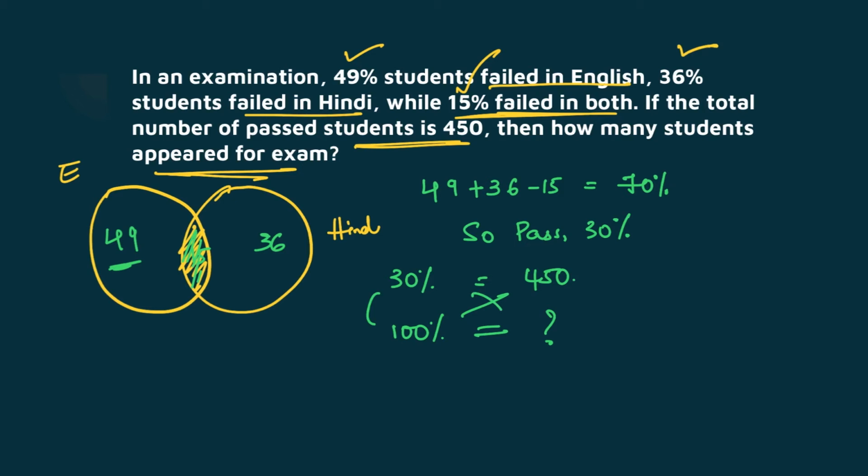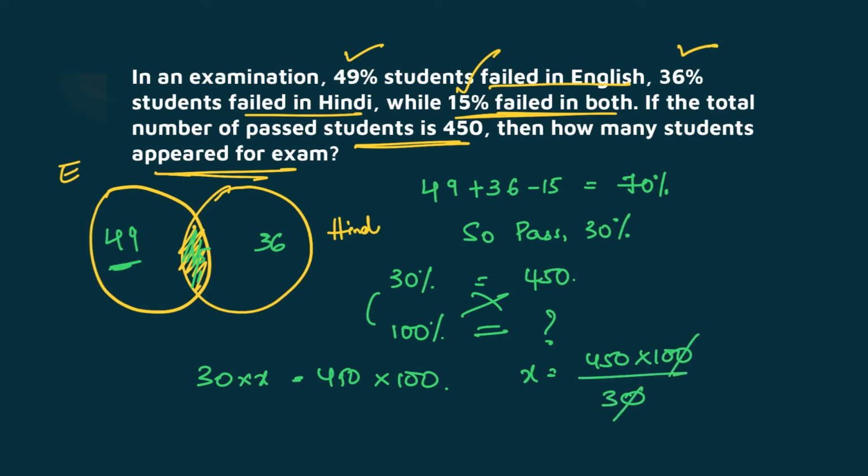So just cross multiply: 30 into x is equal to 450 into 100, which is x equals 450 into 100 divided by 30.